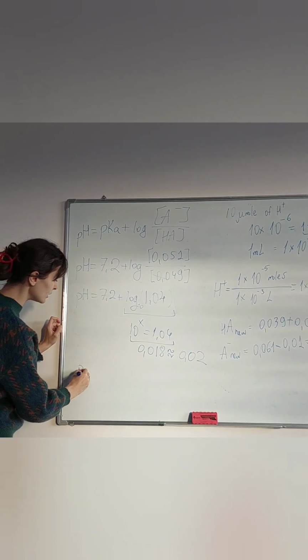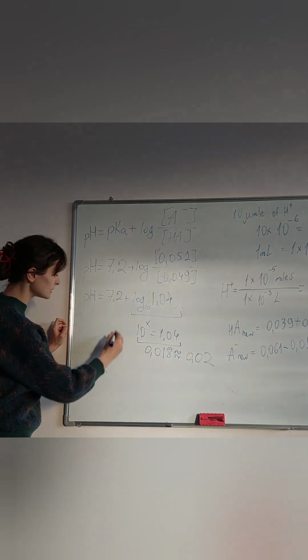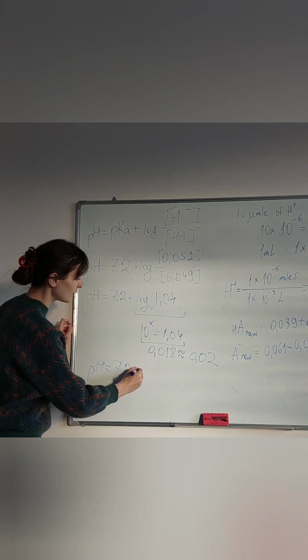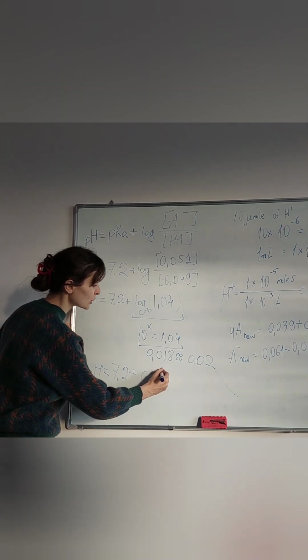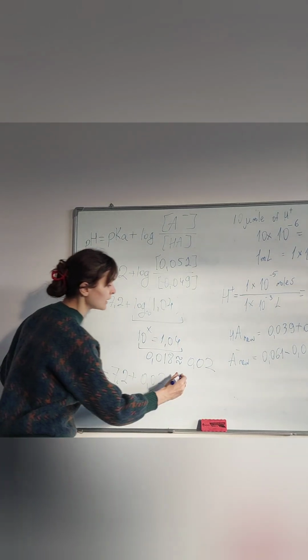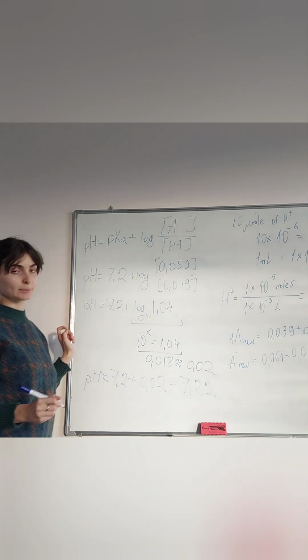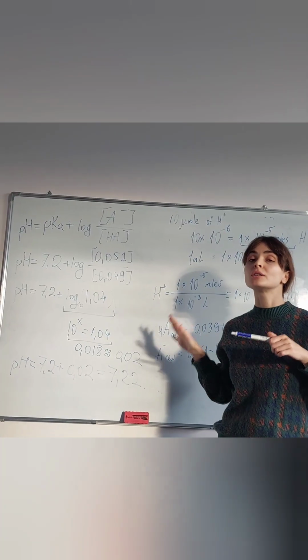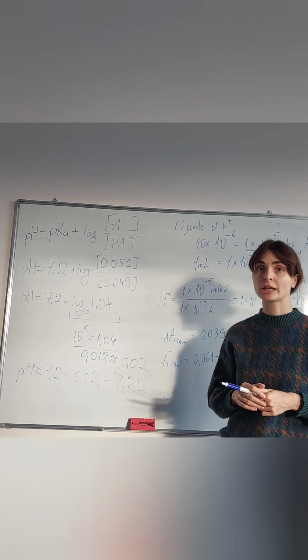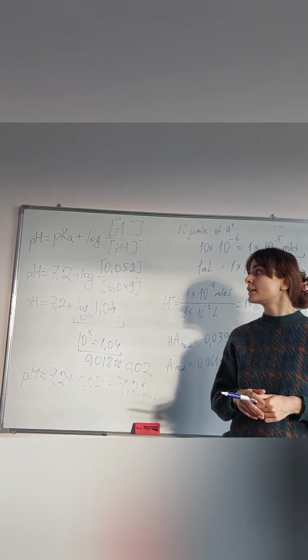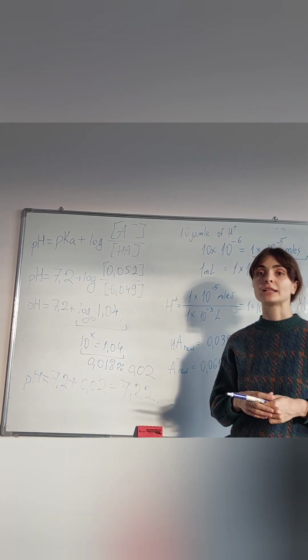So the pH of the new solution will be 7.2 plus 0.02, which results in approximately 7.22. If you got to this point, thank you for watching. I hope you understand. This was my explanation, and have a nice day.